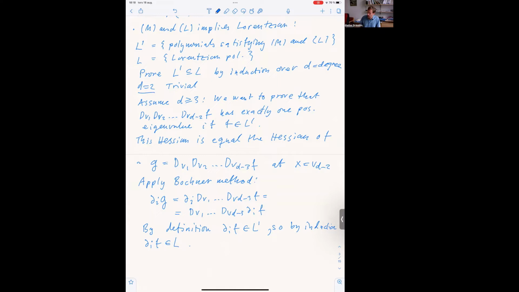But now taking directional derivatives preserves the property of being Lorentzian.